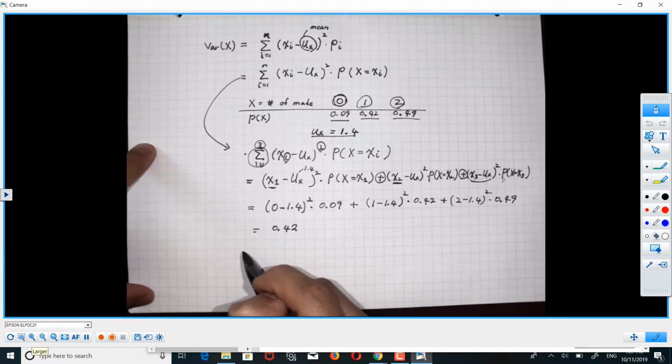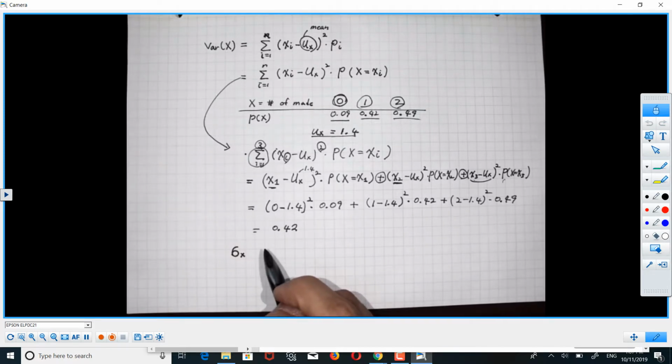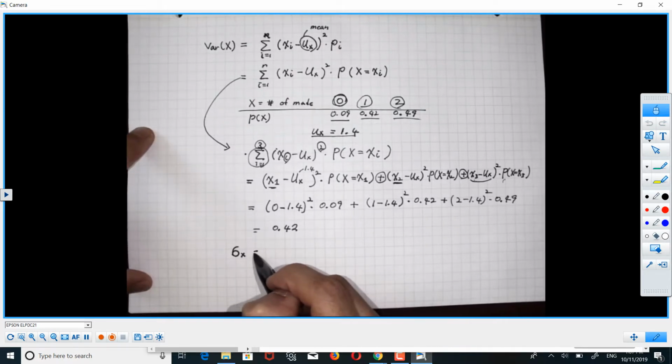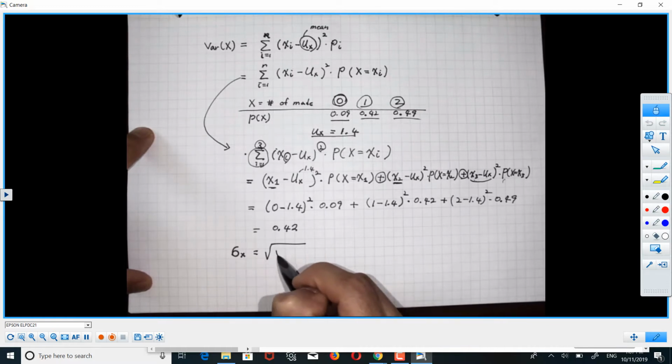To find the standard deviation, we use the notation sigma, the standard deviation of random variable x, which is equal to the square root of the variance of x.